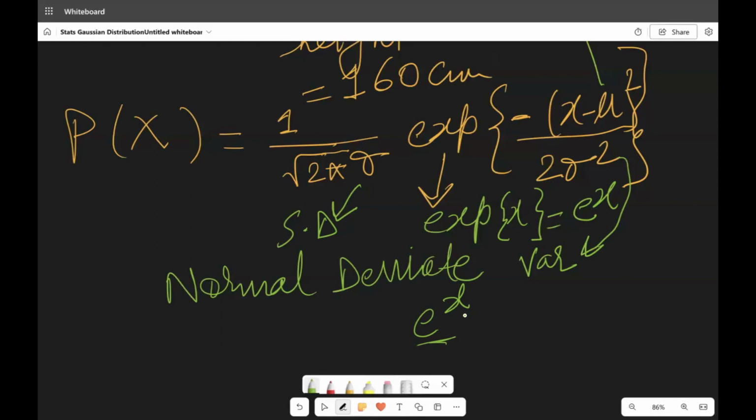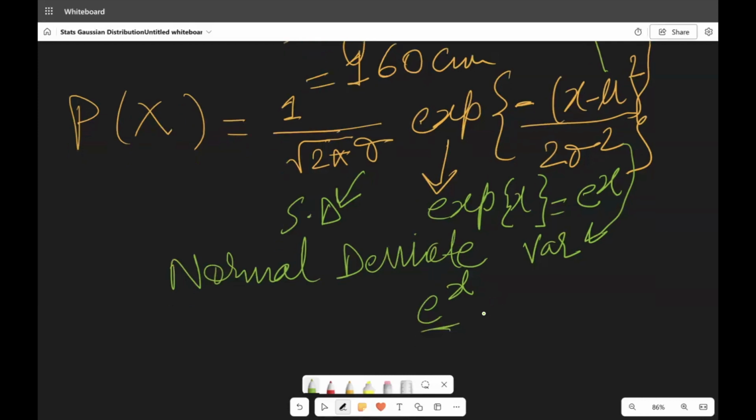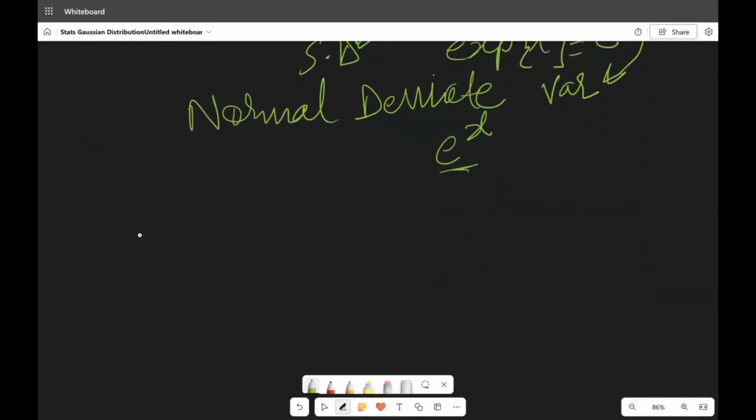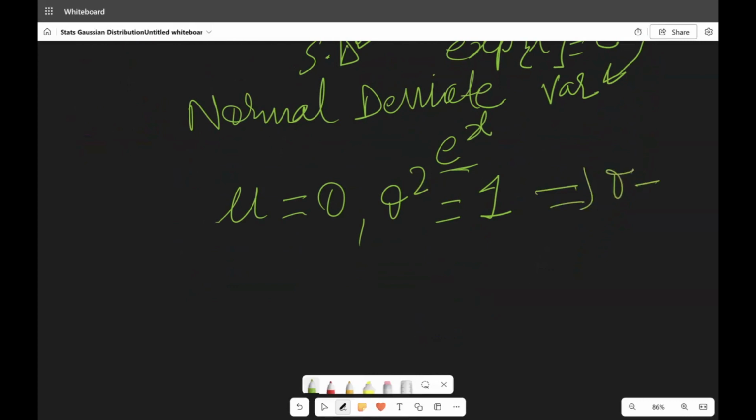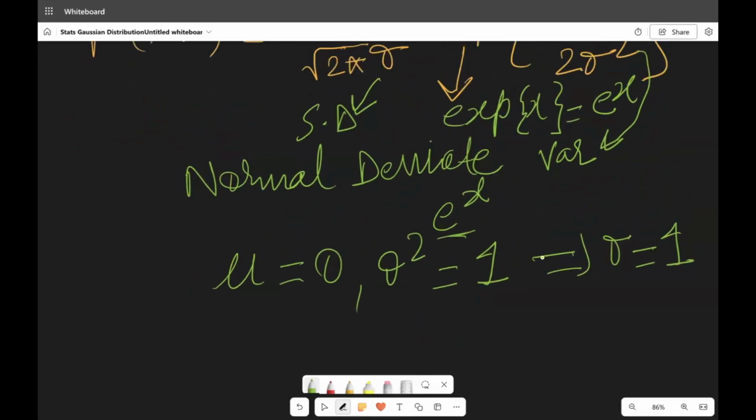So to understand this function, let's simplify it. Let's assume my mu is equal to 0 and my sigma square is equal to, let's say, 1. This is an assumption I am making. So if sigma square is 1, then my sigma is equal to 1. Let's just assume this so as to simplify and understand the math.